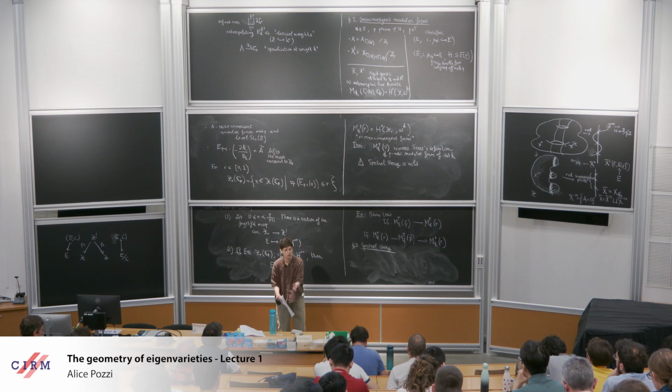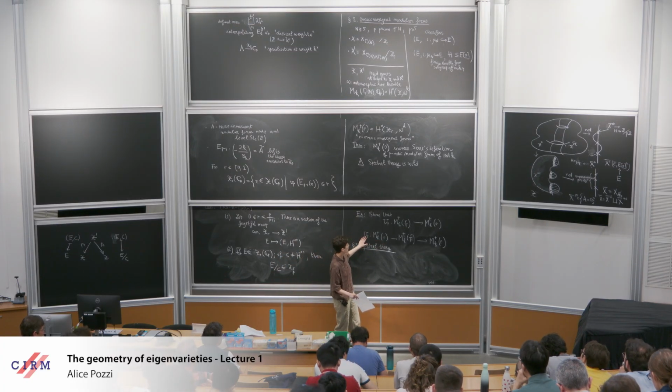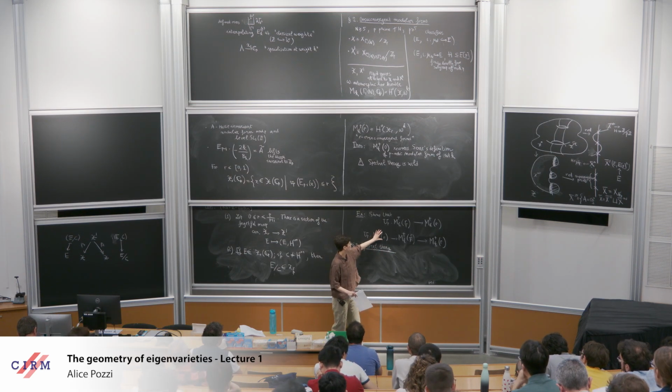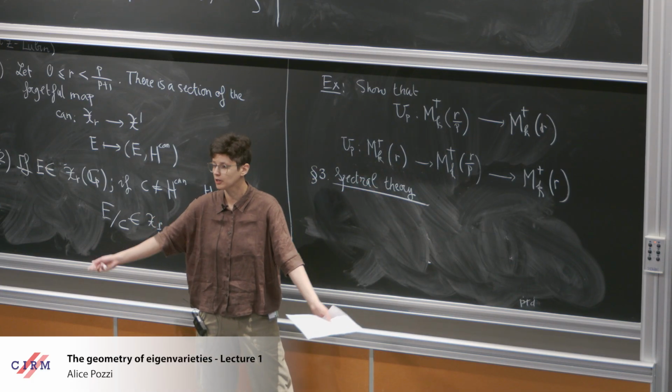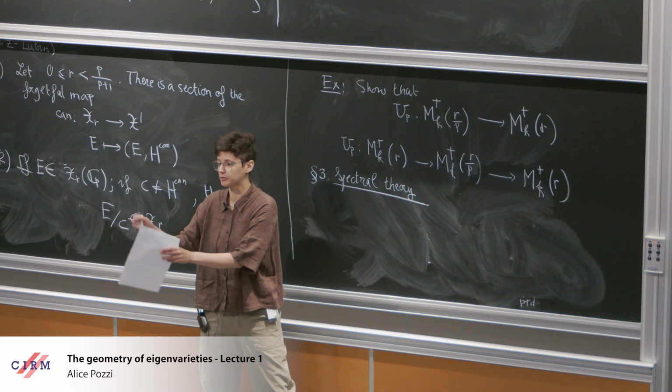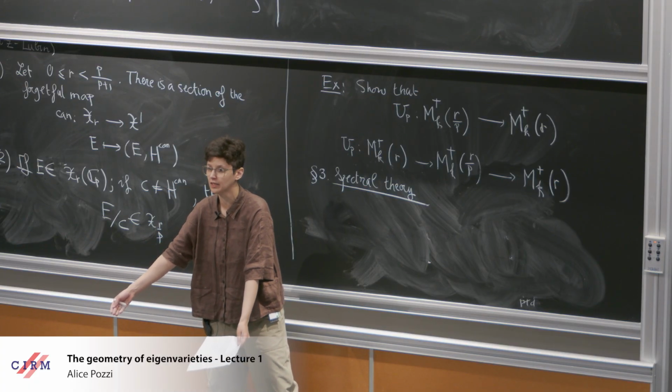So what we're going to try to do is to use the special operator UP that we've discussed to reduce this infinite dimensional space question to finite dimensional bits on which we can then make sense of a spectral theory.